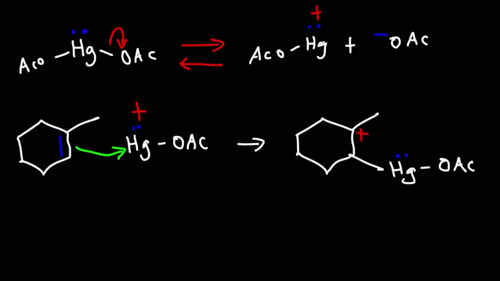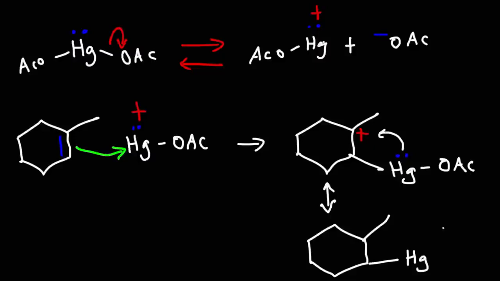Now you might be thinking this is a carbocation, but it's not, because we do have a resonance form for this structure. This mercury atom can donate a pair of electrons to the carbon with the plus charge. And so we can get a resonance structure that looks like this. So now mercury bears the positive charge.